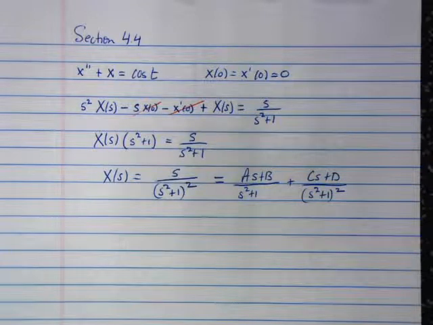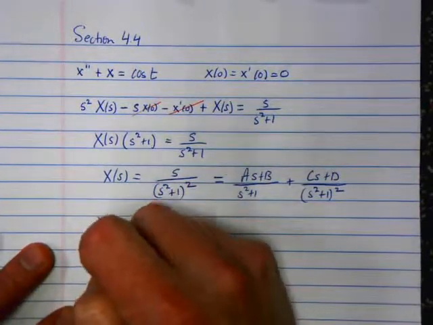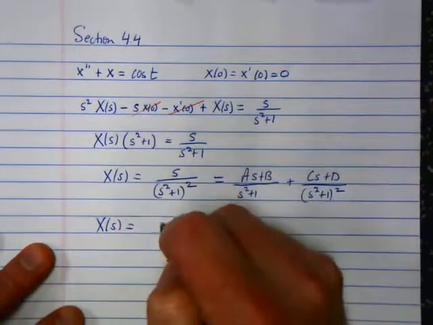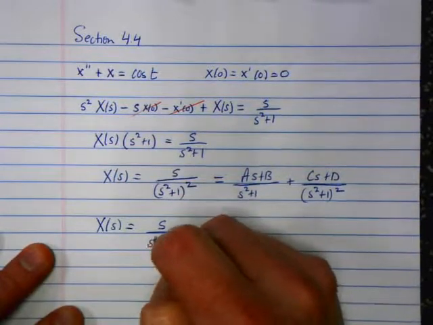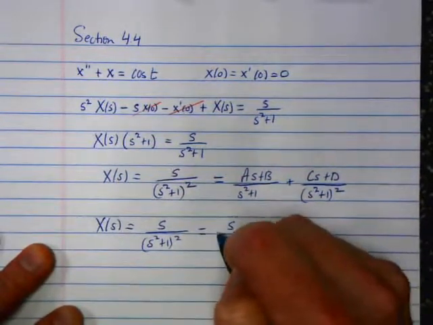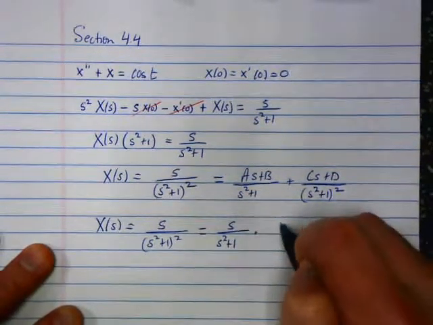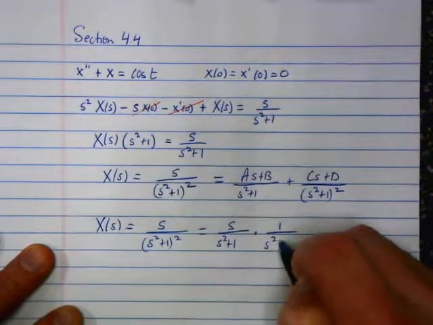Kind of a real pain in the neck, actually. Today, we're going to learn a different way. Notice that this capital X is s over s squared plus 1 squared. I could write that as s over s squared plus 1 times 1 over s squared plus 1.